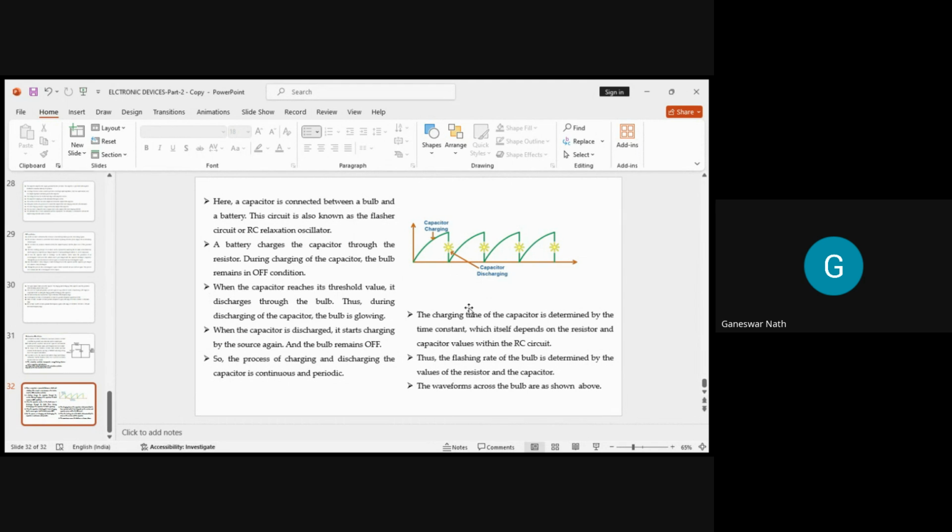The charging time of the capacitor is determined by the time constant, and the flashing rate of the bulb is determined by the values of the resistor and the capacitor. The waveform across the bulb is shown in this diagram.